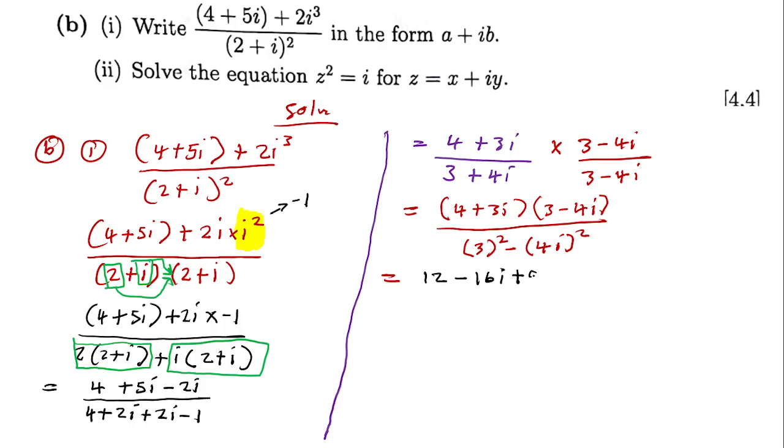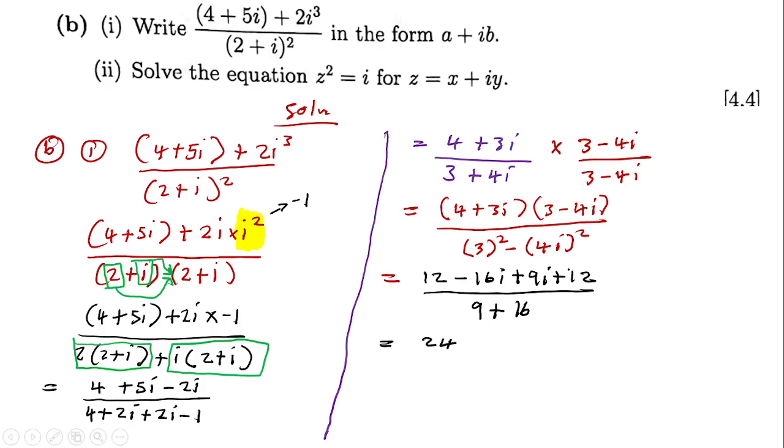Okay, and then over, this will be 9, and then negative times that negative 1, because i squared is negative 1, it will be positive, and then 16. With that in mind, we can now simply collect like terms. 12 and 12, it's simply 24. And then you have negative 16i plus 9i.